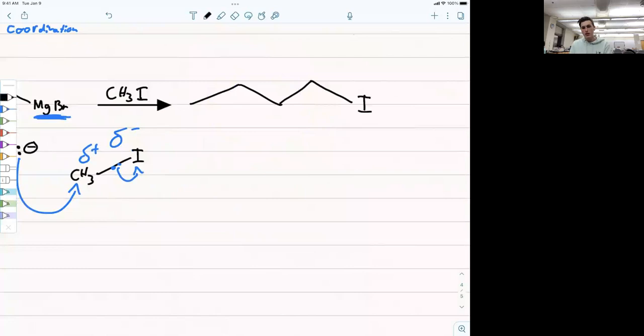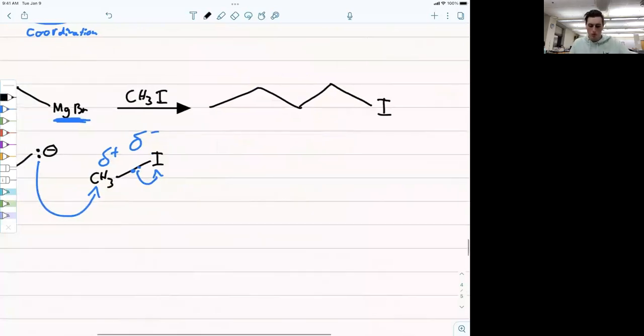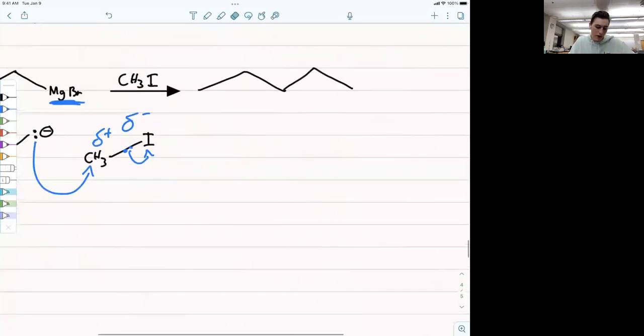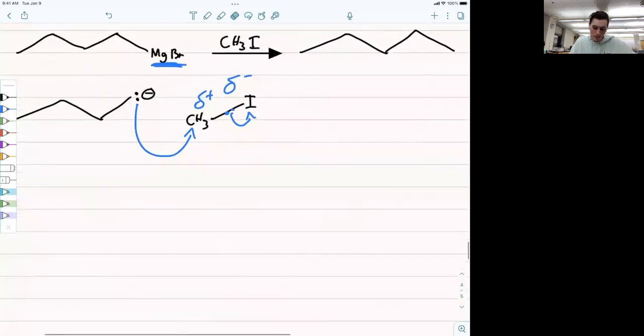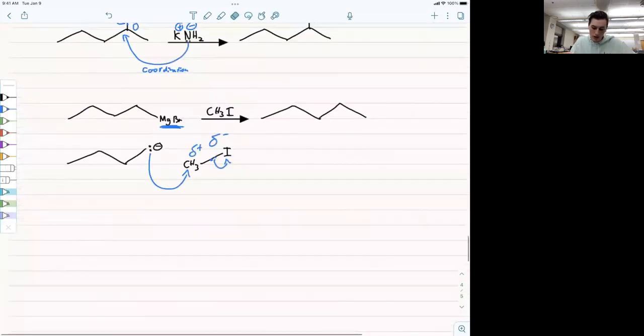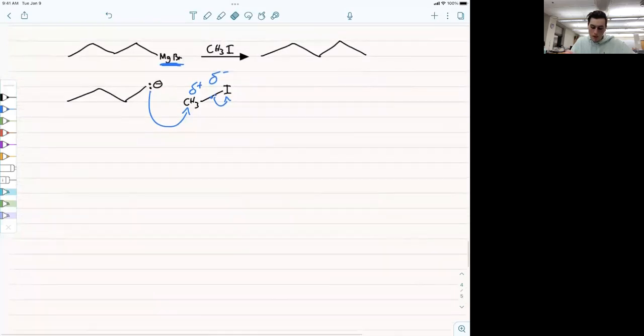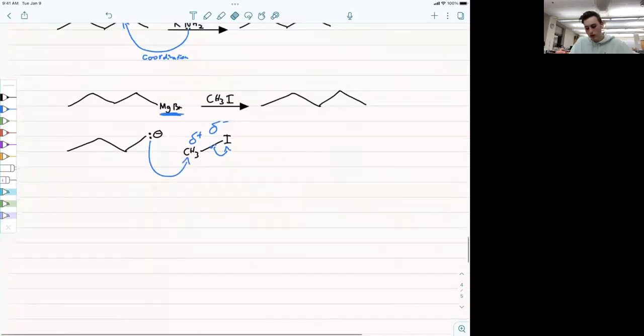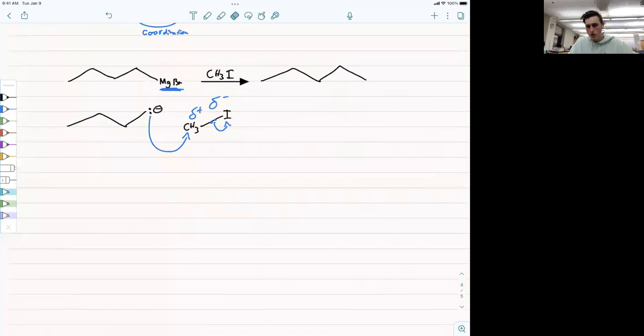So just don't always expect to see things in the same place. Oh, I'm sorry. That's what it is. Because we grabbed the CH3, not the iodine. And then another thing we could see is, just one thing to remember here is that SN2 is only going to occur with secondary or primary things.